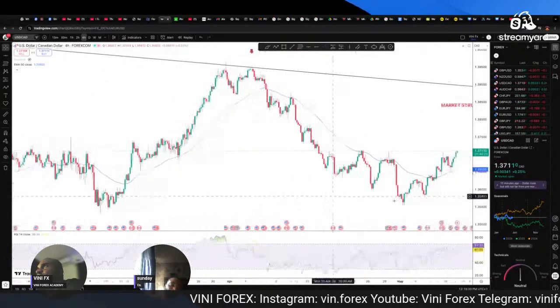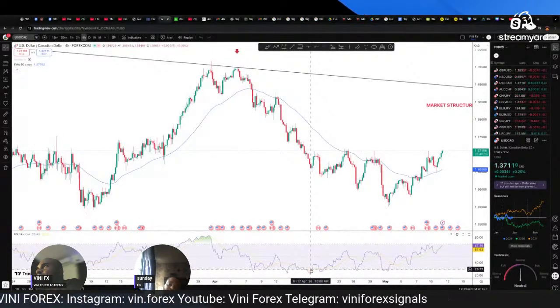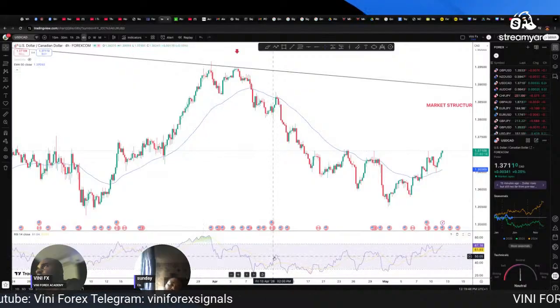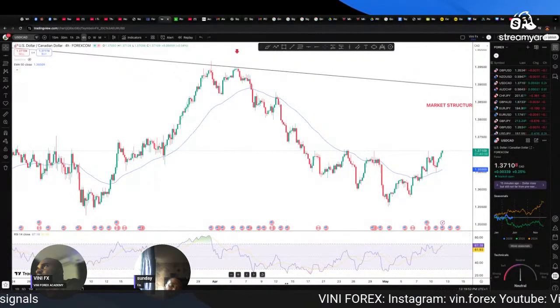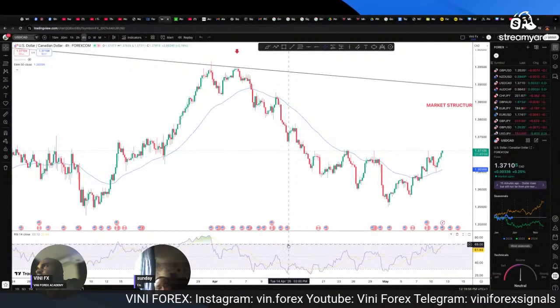Okay, so it has three levels. One at the bottom with dotted lines, one in the middle, and one at the top. Do you see those three levels? Yes, sir. The bottom line, the middle line, and then the top line.